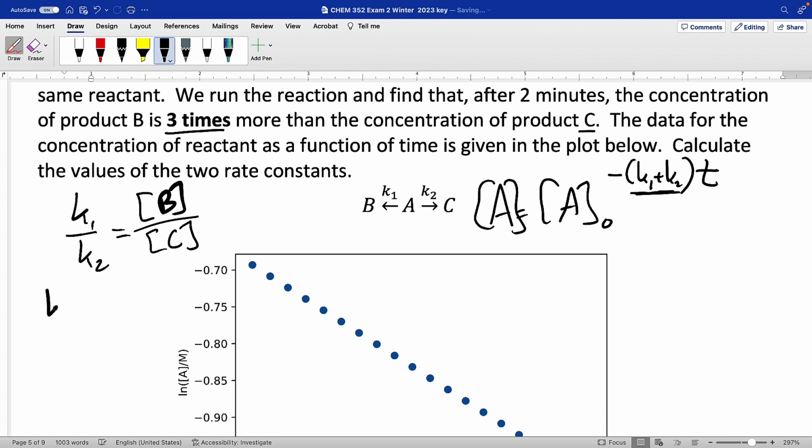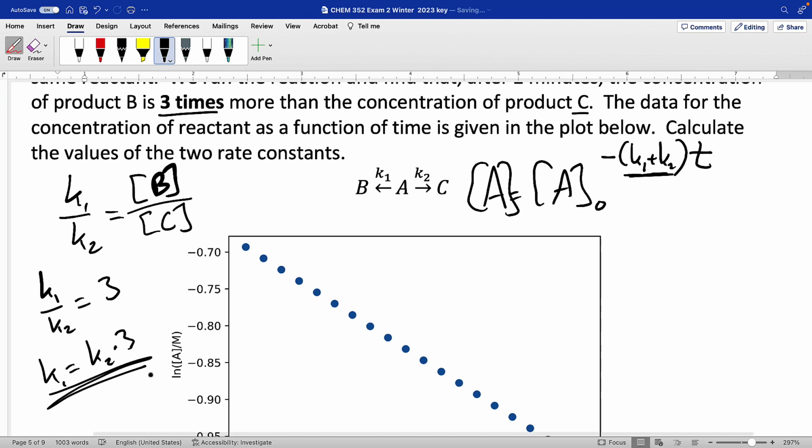So we can say k1 over k2 is equal to 3. Or we could say k1 is equal to k2 times 3, right? Because k1 is the faster rate constant, that reaction is going to be faster.